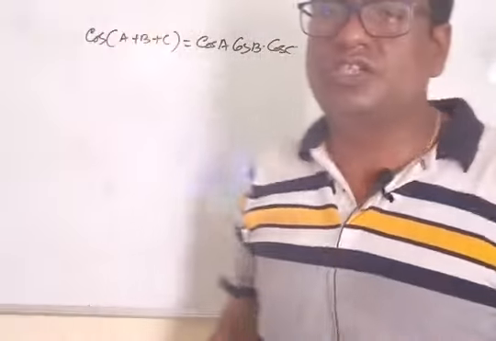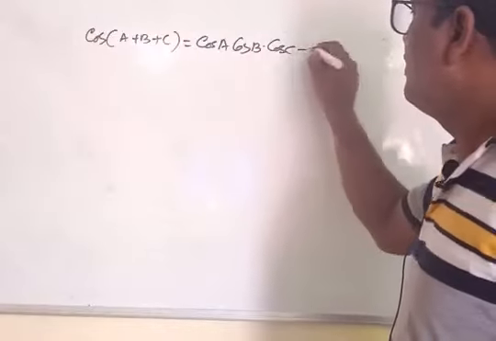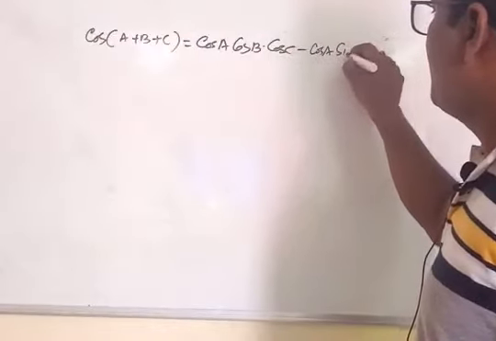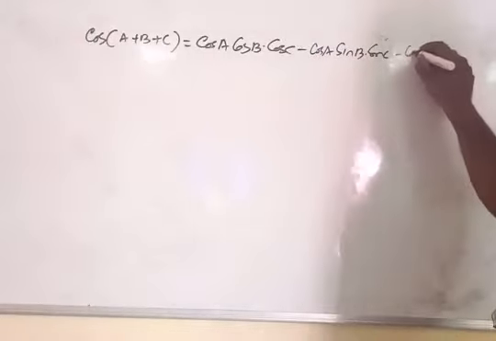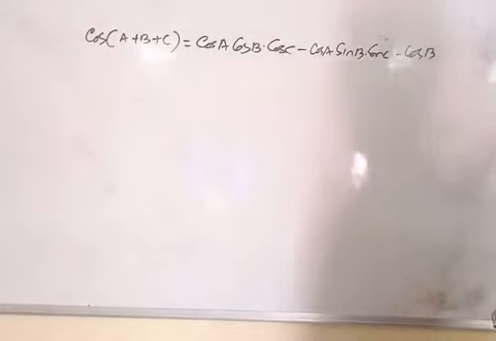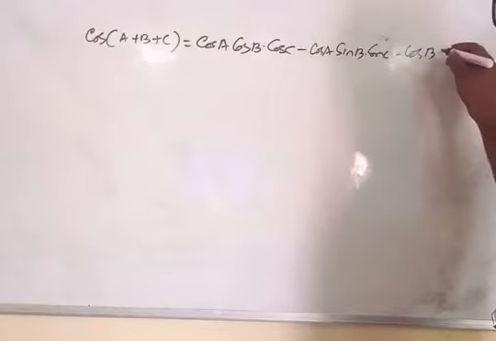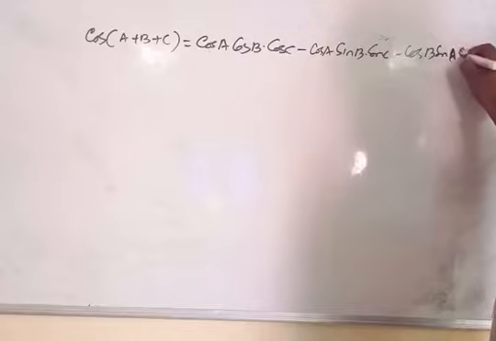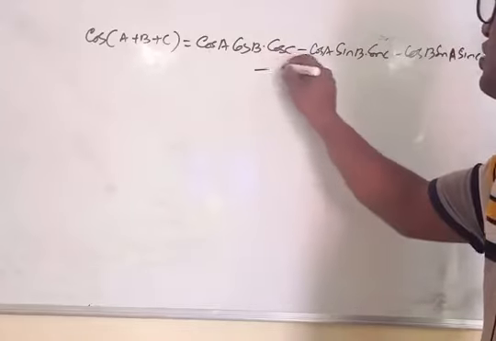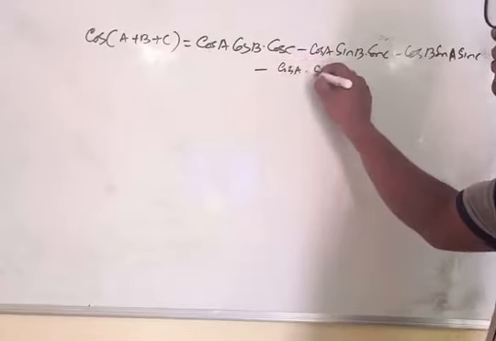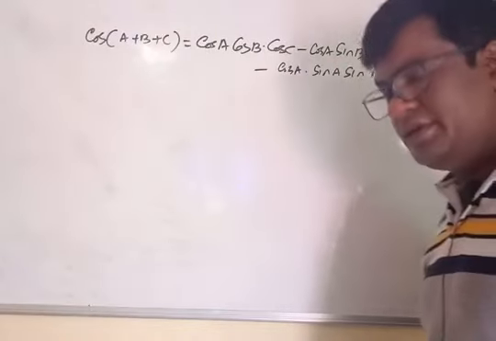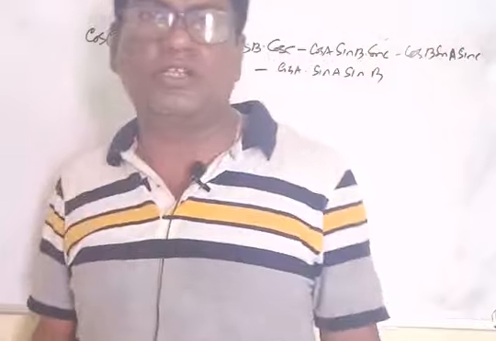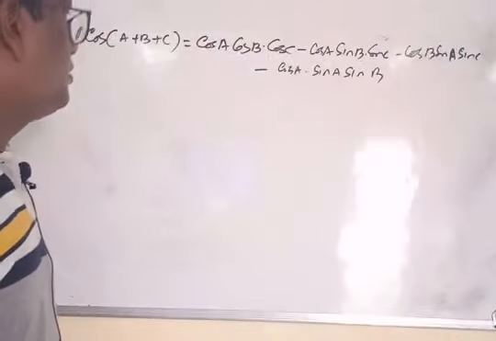Then one cos, two sin: minus cos a sin b sin c, minus cos b sin a sin c, minus cos c sin a sin b. This can also be proved by applying the previous method.